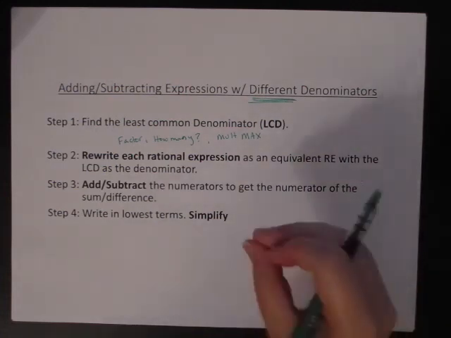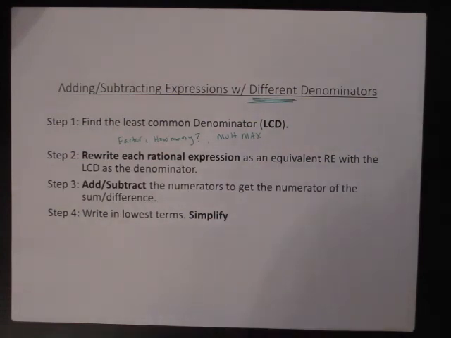That's what we did at the end of our notes on 7.3. And then you're going to add or subtract the numerators to get the numerator of the sum or the difference. So basically you add or subtract the top, and the last thing you have to do is write in lowest terms. Okay?